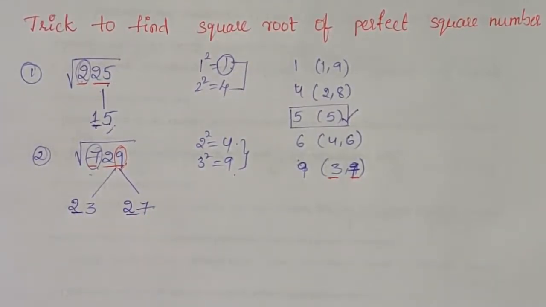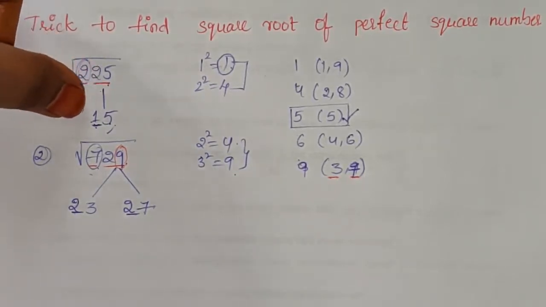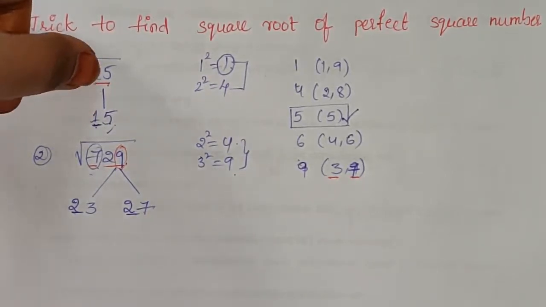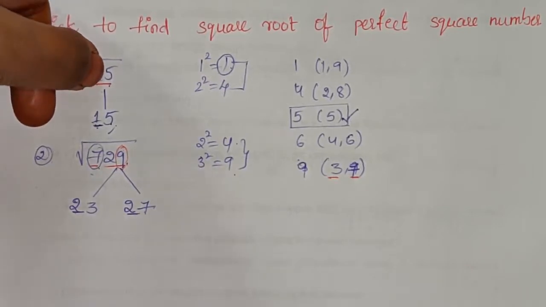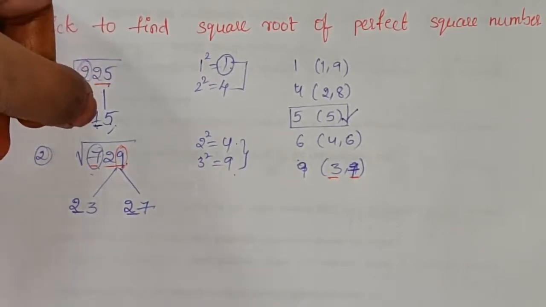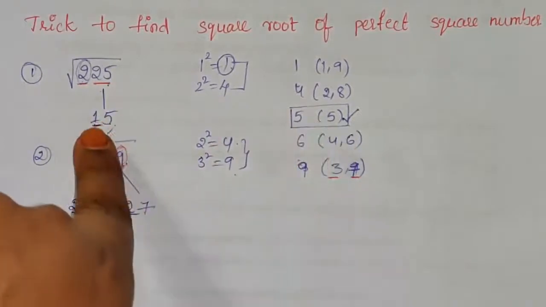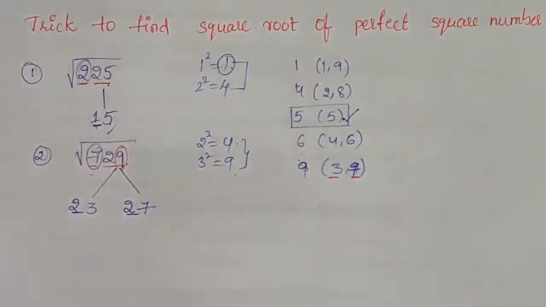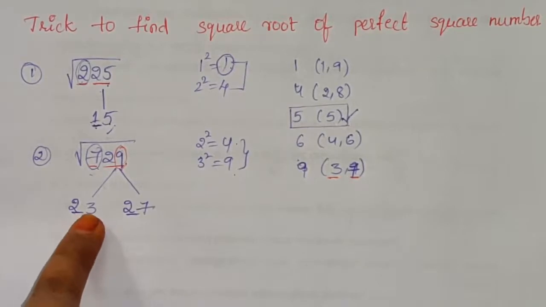Okay, now the problem arises. Here in the first problem we got the single number, because we are having the units place as 5. So only 5 we get, and for another digit we check the smallest square of that particular number. But here we are having 3 and 7.